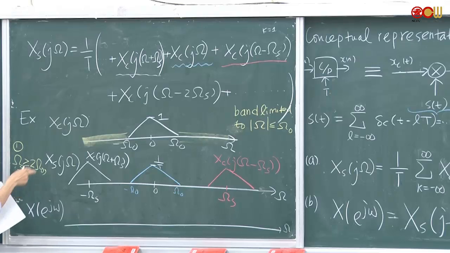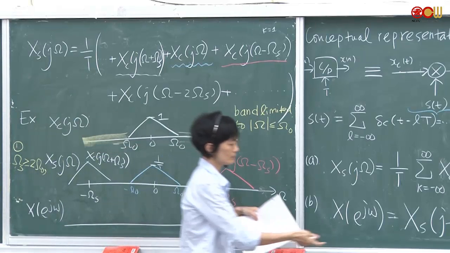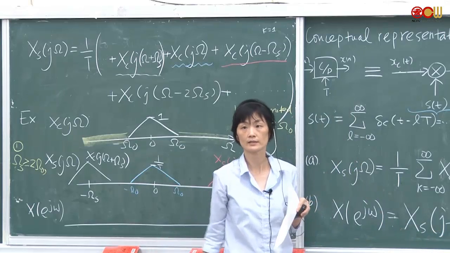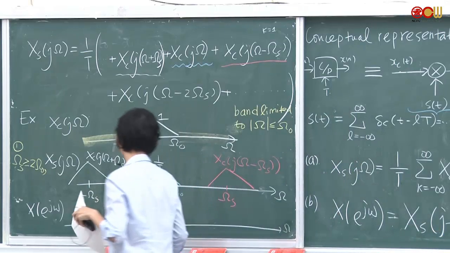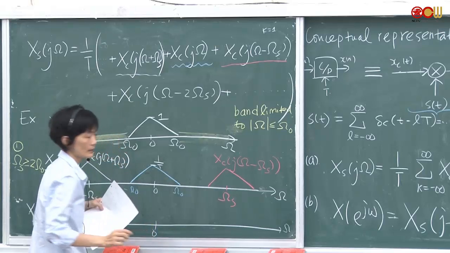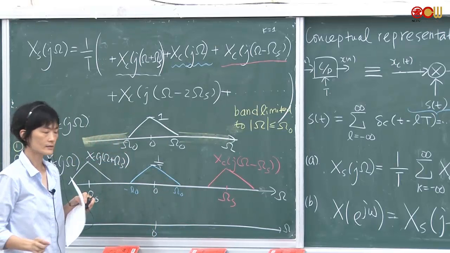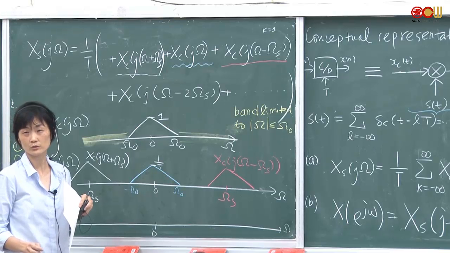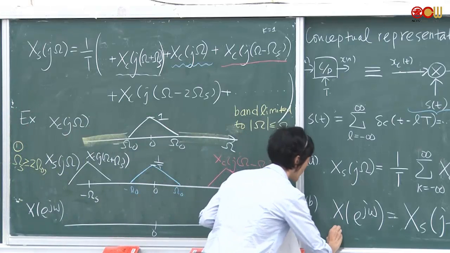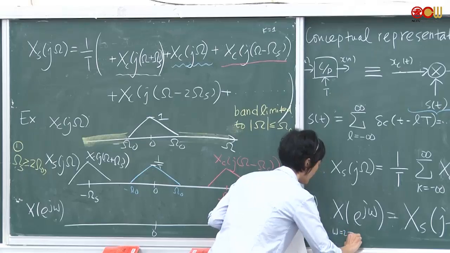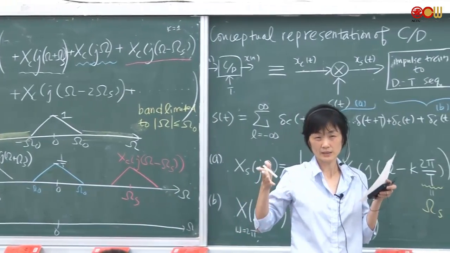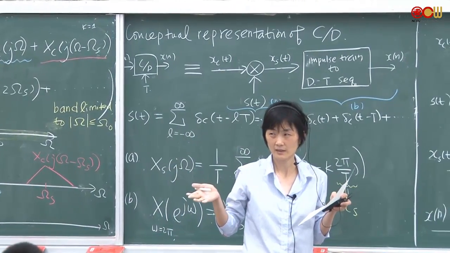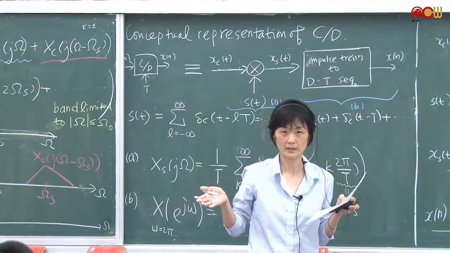Remember from Xs(j omega) to X(e^j omega), it's simply a frequency scaling, right? So at 0, it corresponds to 0, and let's say omega equal to 2 pi. Because remember X(e^j omega) is periodic.